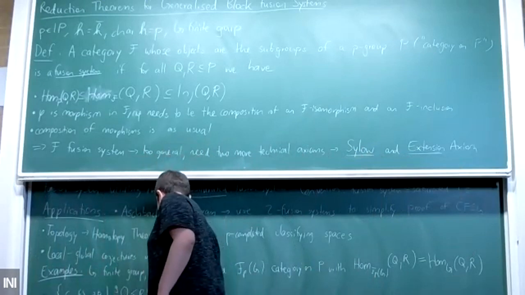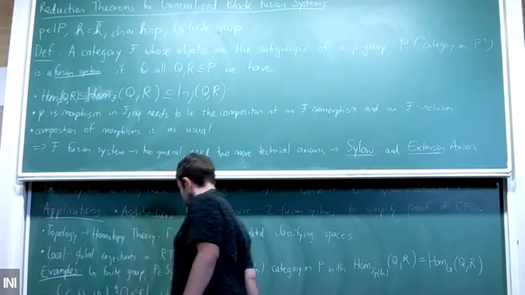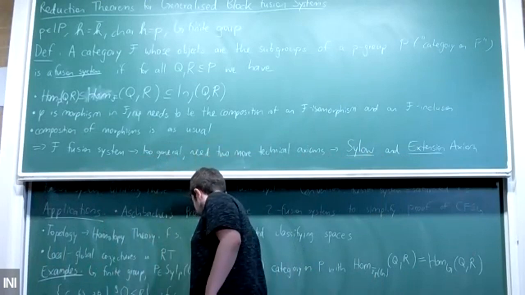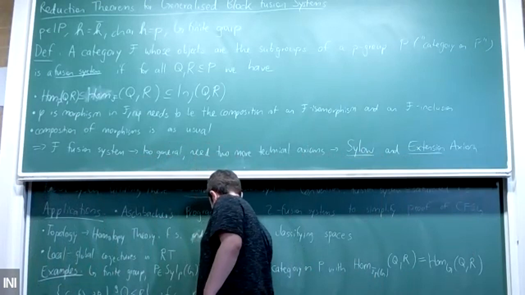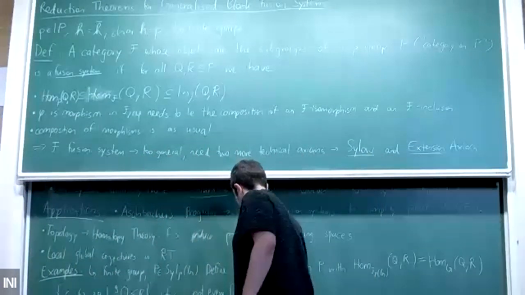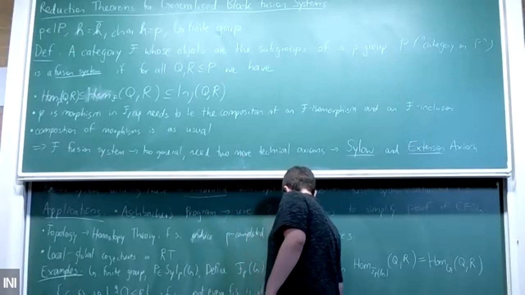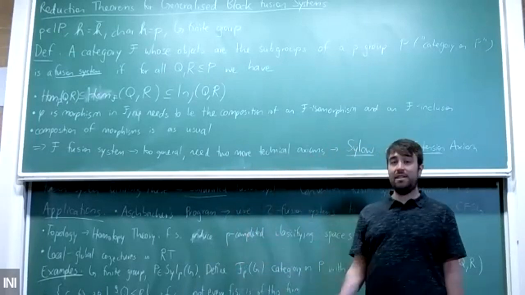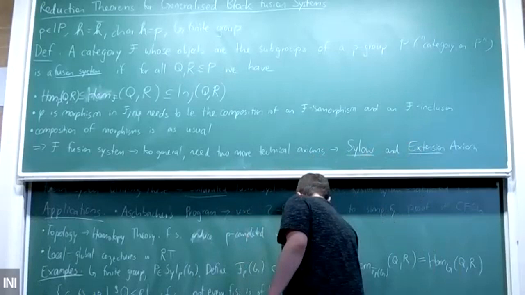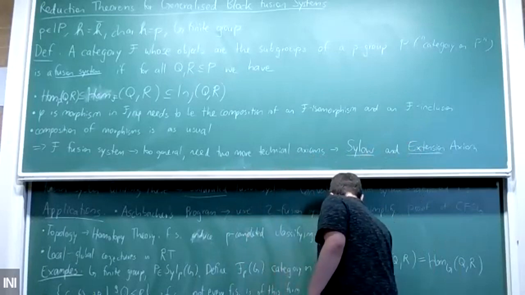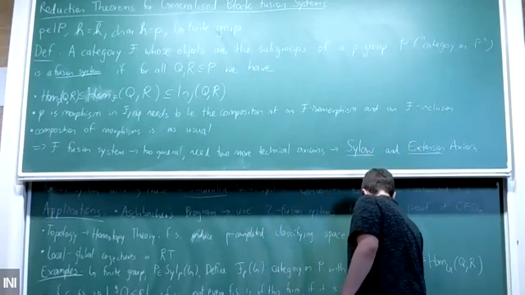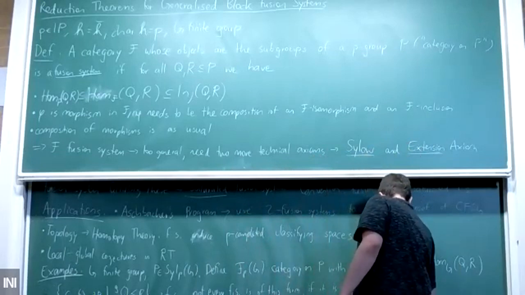So then we can show that this is a fusion system, but not every fusion system is of this form. If a fusion system arises in this way, we call it realizable.